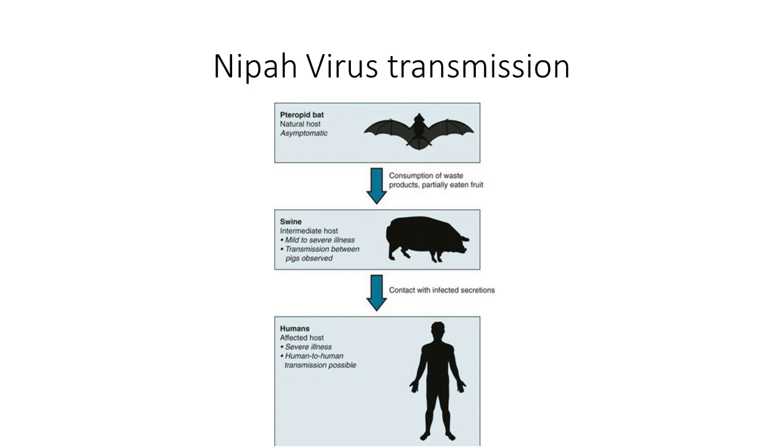When the secretions of this pig come in contact with humans, or people consume the meat of the pig, they can also get the virus and have this illness. It's also possible that human to human transmission can happen in Nipah virus.